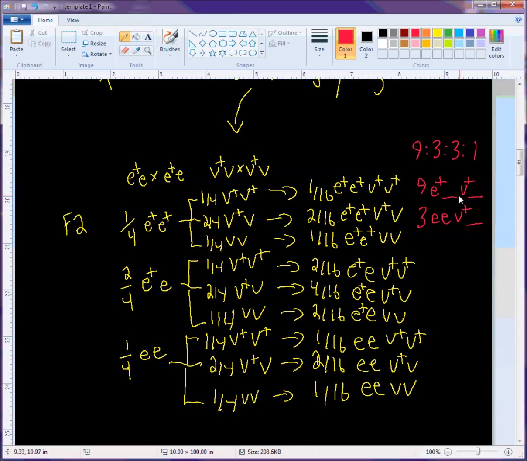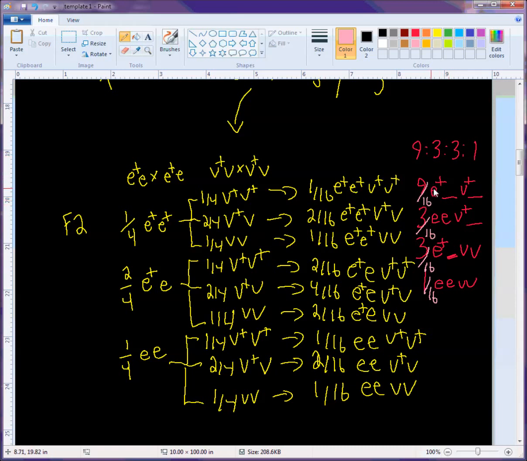So remember, when I put this line here, it means it could be either the wild type or the recessive allele. 3 of them are going to have at least one wild type E allele and 2 little v's, and then 1, remember these are all out of 16, 1 is going to have 2 little e's and 2 little v's, and all of these are out of 16. So 1 out of 16, 3 out of 16, 3 out of 16, and 9 out of 16.